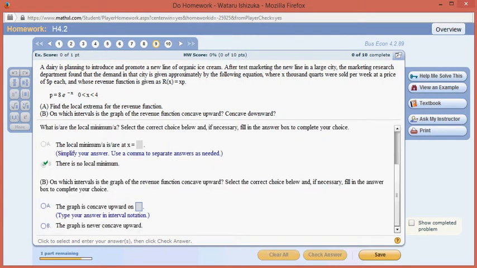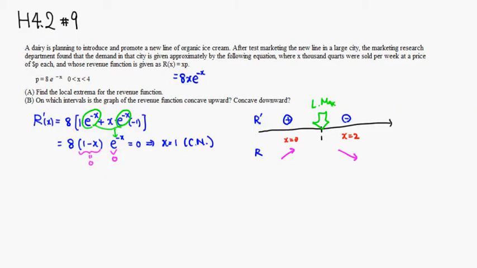On which interval is the graph of the revenue function concave upward? We're talking about concavity, so we have to take another derivative. So r double prime of x is equal to 8, which is just a constant, put it here. The derivative of this is negative 1 times e to the negative x, plus 1 minus x times the derivative of e to the negative x, which is e to the negative x times negative 1.